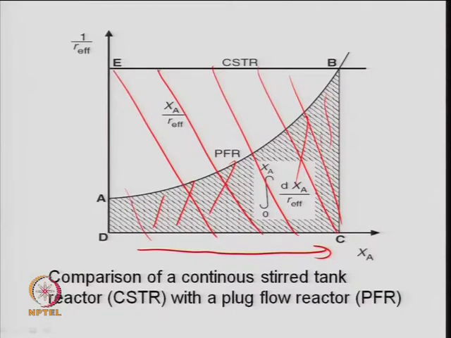So, the plug flow reactor is better in that way, because the concentration is changing down the length and you are measuring the rate along that, whereas in the case of a CSTR, we assume that the concentration immediately drops to the final value.